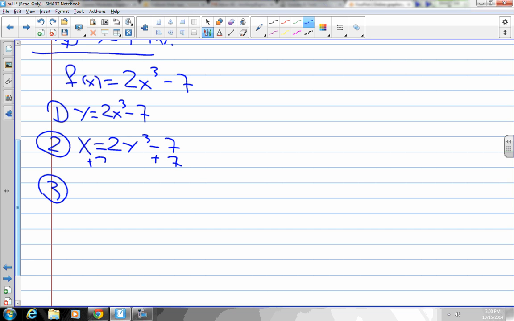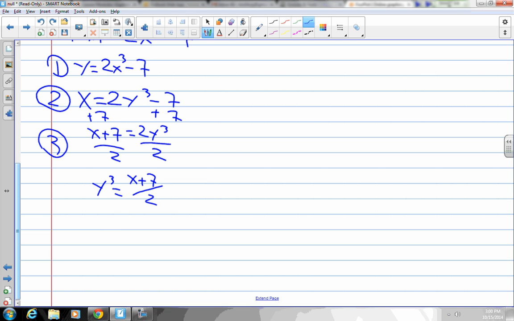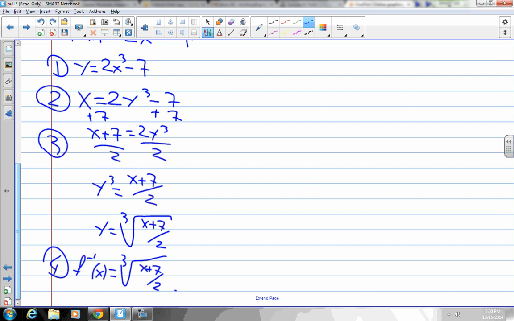Add 7, so it's x plus 7 equals 2y cubed. Then what? Divide by 2. So y cubed equals (x plus 7) over 2. And finally, cube root. y equals the cube root of (x plus 7) over 2. That's the inverse. Done. Oh, that was brutal.